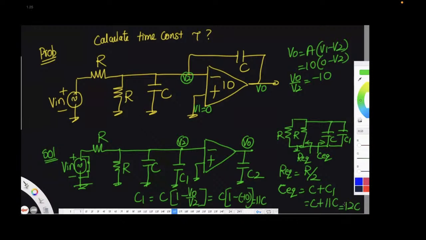So what is tau finally? Tau is going to be R equivalent into C equivalent. It is R by 2 into 12C. So it is 6RC. Very good. So 6RC.